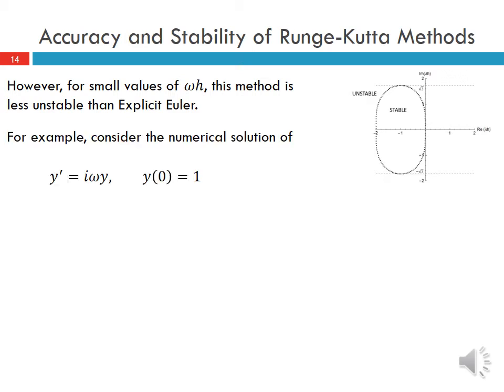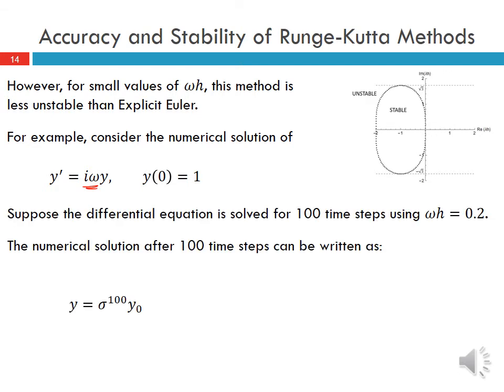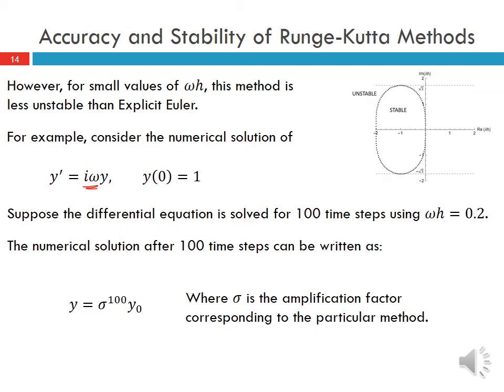For example, if we consider the numerical solution of the equation here, where we've got lambda equal to i omega, and we want to solve this for 100 time steps using an omega h of 0.2, the numerical solution after 100 time steps can be written as y equal to sigma to the power 100 times y0, where sigma is the amplification factor corresponding to the particular method.